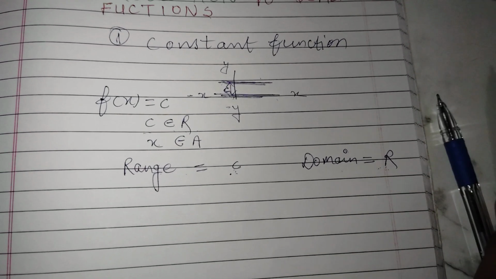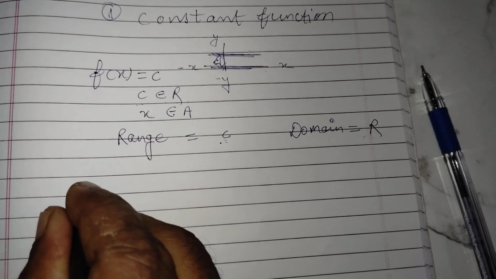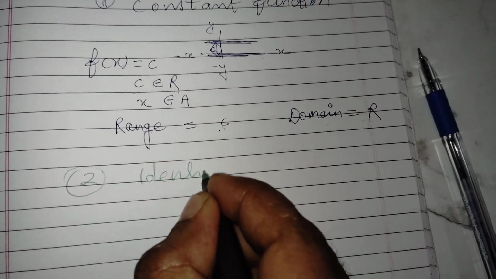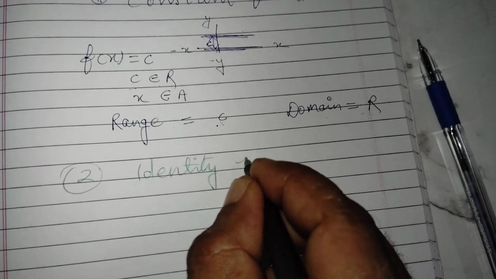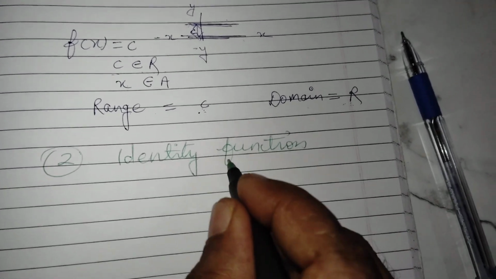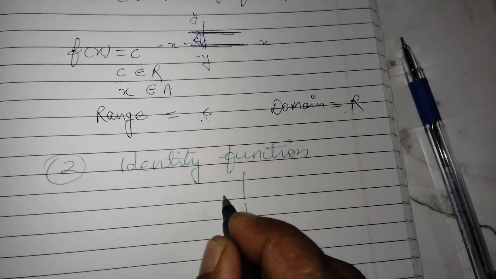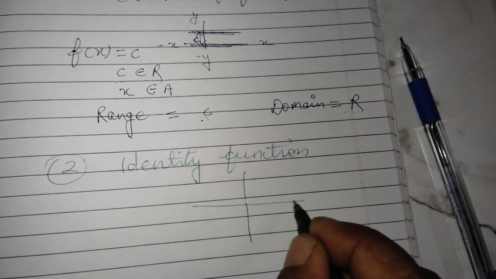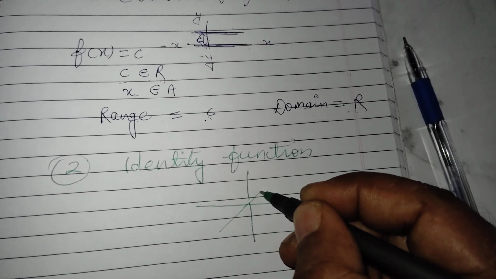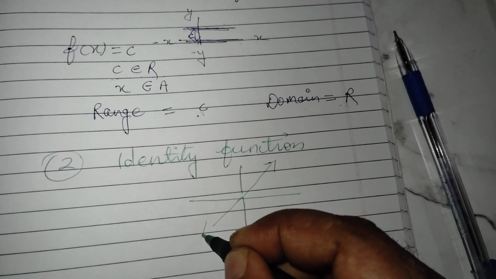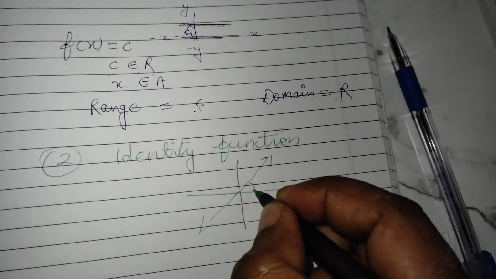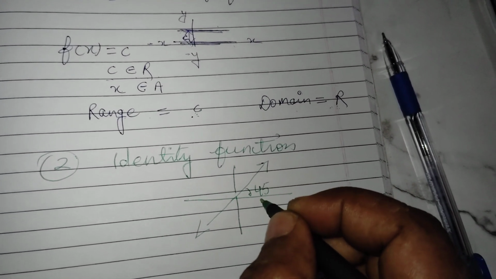Second function we are discussing is the identity function. So for the identity function's graph, first we draw the quadrants, and its graph is, suppose, passing through the origin, and this straight line is the graph of the identity function, and this angle is 45 degrees, suppose.